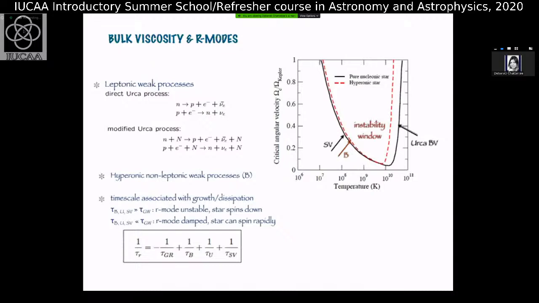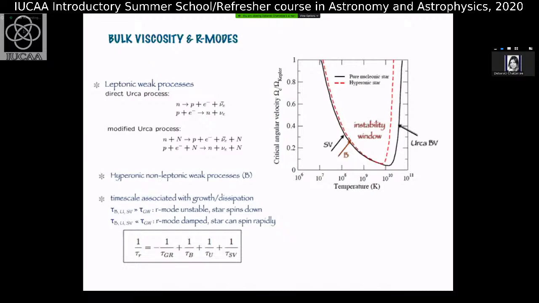So you can see that on the high temperature side, it is these URCA processes, or the weak processes involving neutrons and protons, which balance out the gravitational wave emission, whereas at the low temperature side, the window is defined by shear viscosity, again coming from electron-electron collisions.